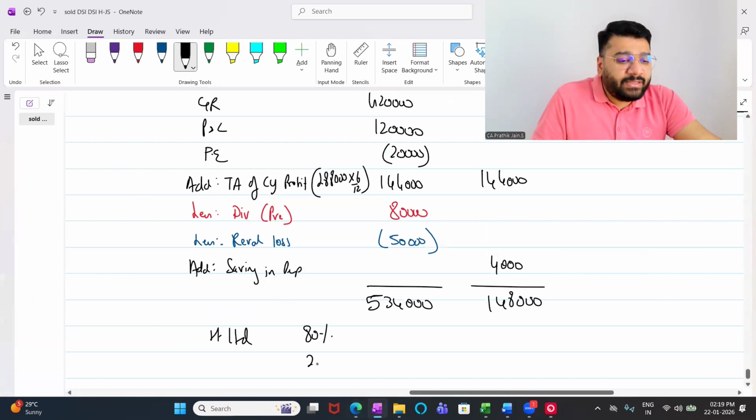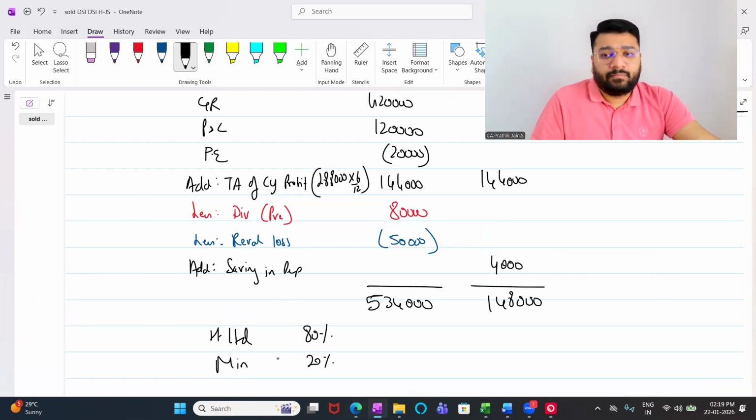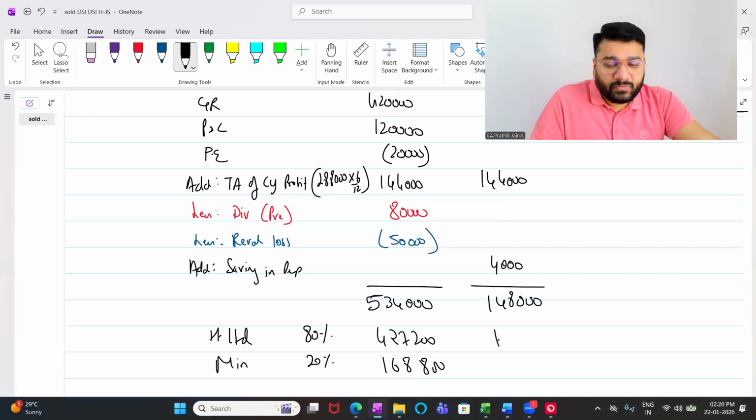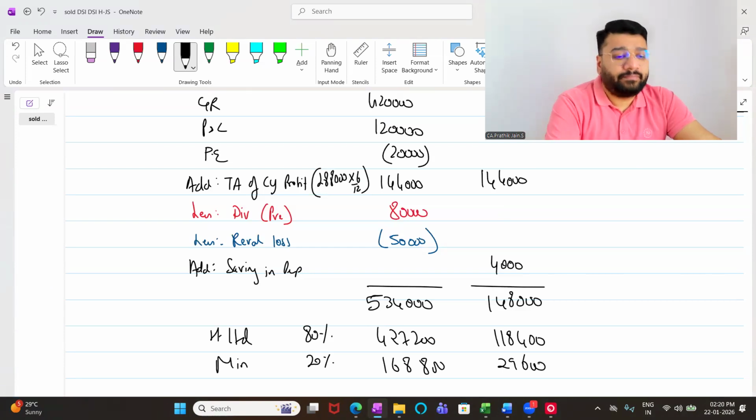So 80%, and 20% is minority. 4 lakh 27,200. 1 lakh 18,400. 29,600.